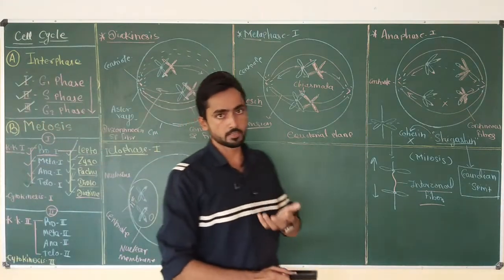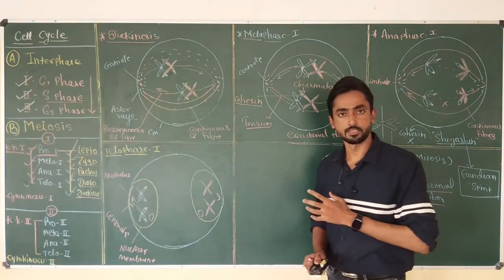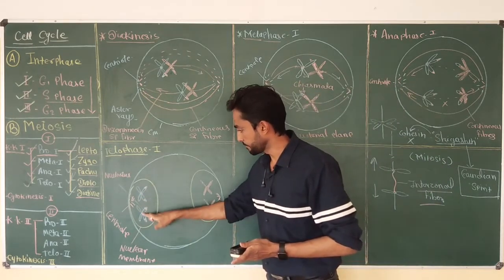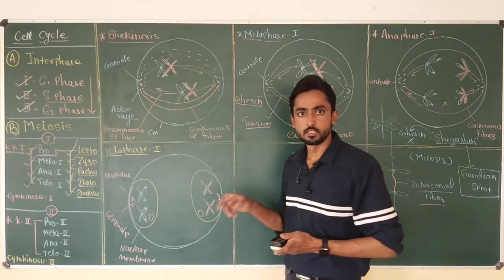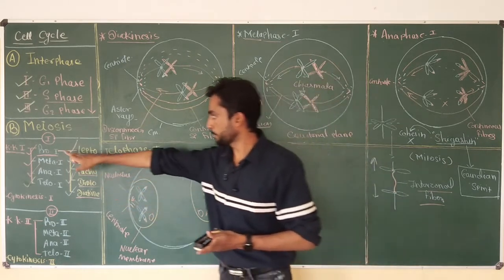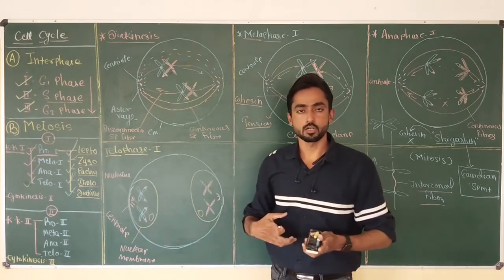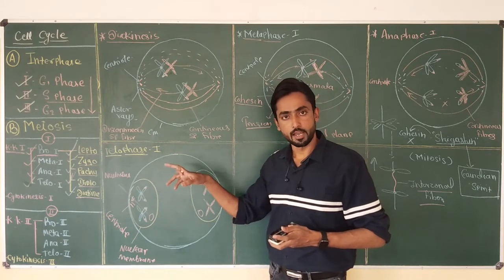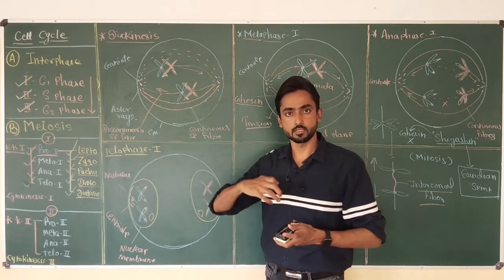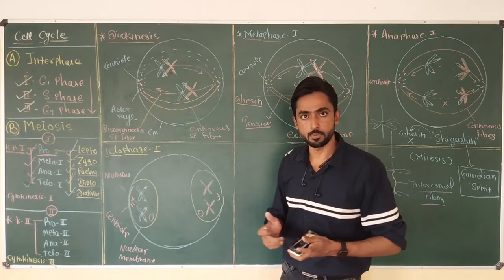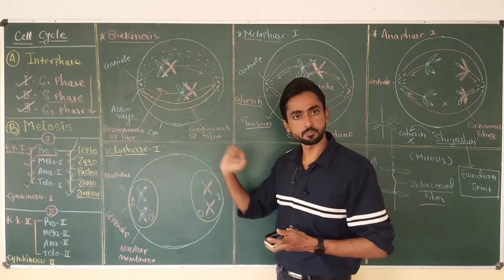After reappearance of these structures, the chromosomes present inside the nucleus now start the decondensation process. We know that during prophase-I, condensation occurs, water molecules come out of the chromatin and the chromatin gets converted into thick, short structures, chromosomes. Exactly the opposite process happens during telophase-I.